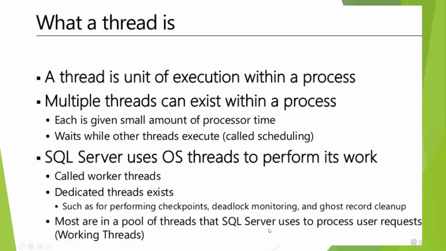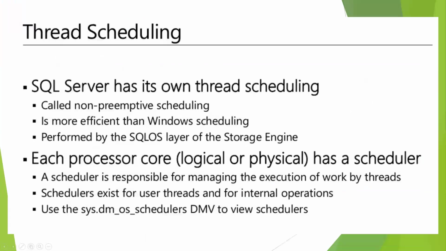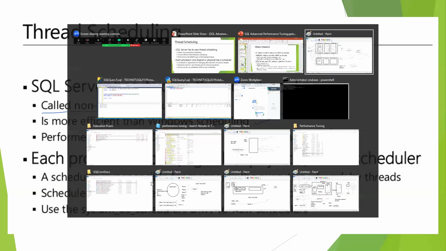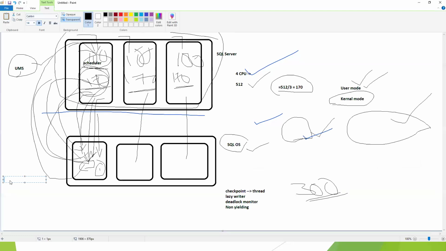Most are in the pool of threads that SQL Server uses to process your user requests, whatever it is. Thread scheduling: SQL Server has its own thread scheduling called non-preemptive scheduling, right? Non-preemptive scheduling is more efficient than Windows scheduling, and it is performed by the SQL operating system layer of the storage engine. Okay, I'll remove all this.